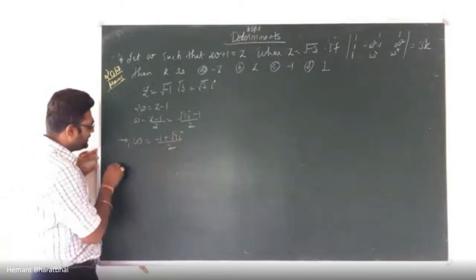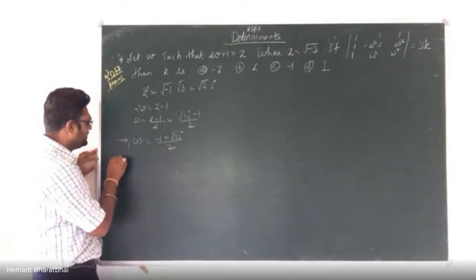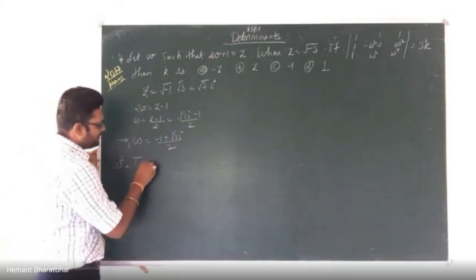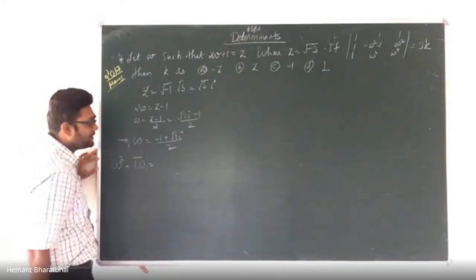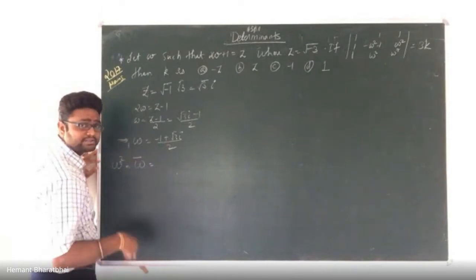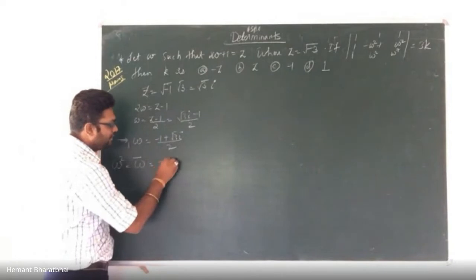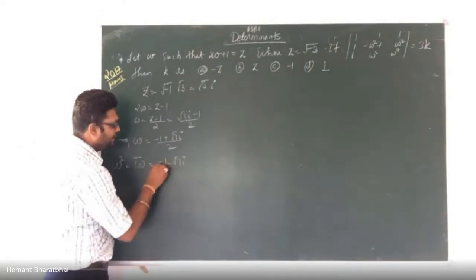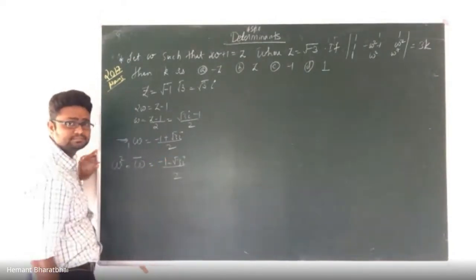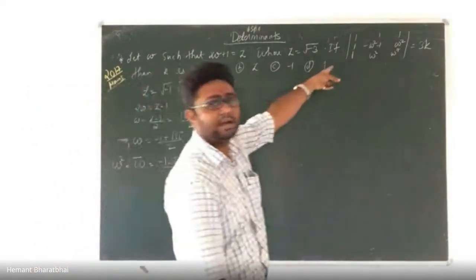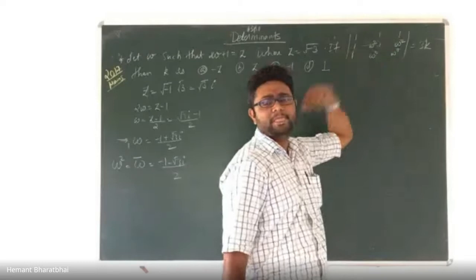And from complex numbers we know that omega square is nothing but the complex conjugate of omega. In a complex conjugate you only change the sign of the imaginary part, so it will be minus 1 minus root 3 i upon 2. Now I have written this because we have that term over there, omega square.